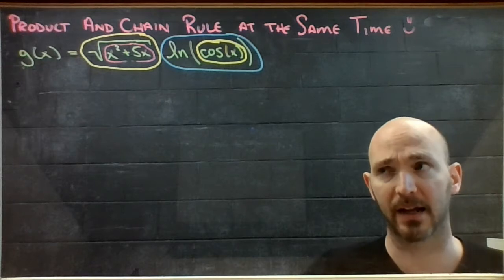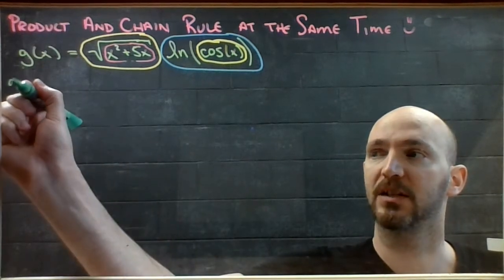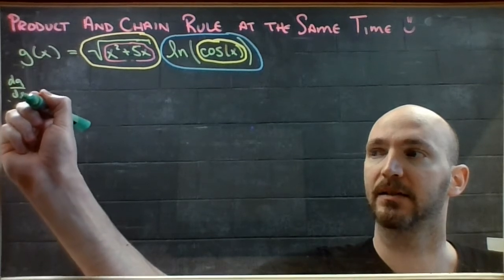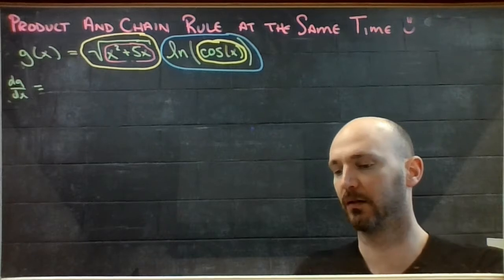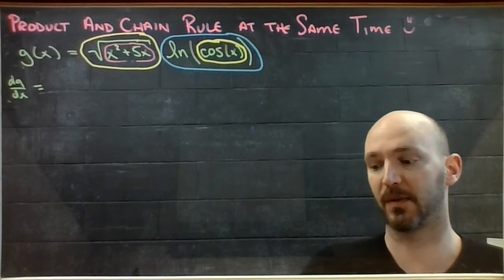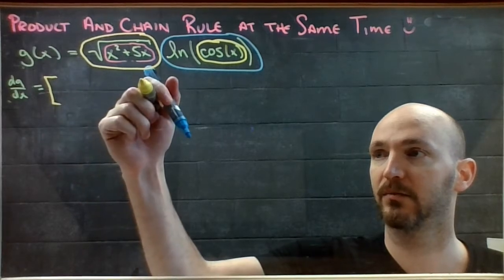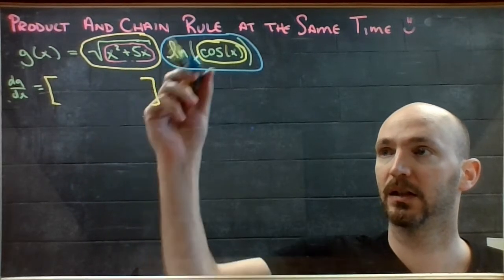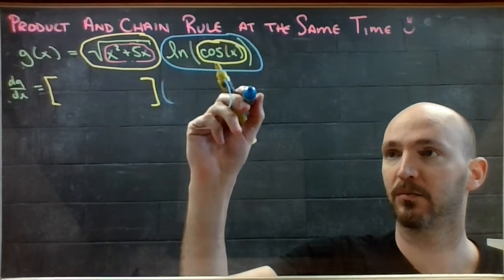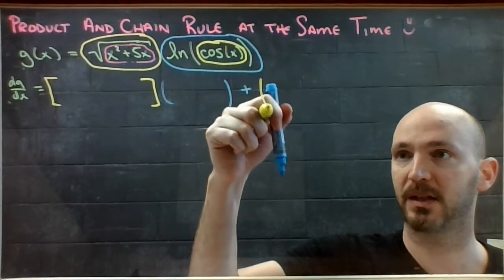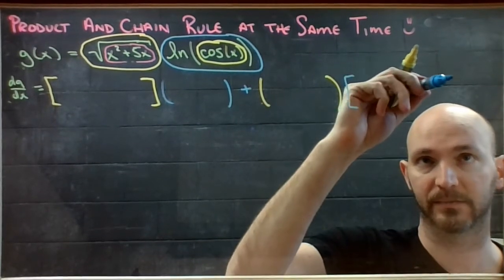I'm going to set up brackets so I know which pieces I need and where they're going to go. So dg by dx is going to equal, first off is my product rule. I'm going to need the derivative of the yellow piece, leaving the blue piece alone, plus leaving the yellow piece alone, and then the derivative of the blue piece.